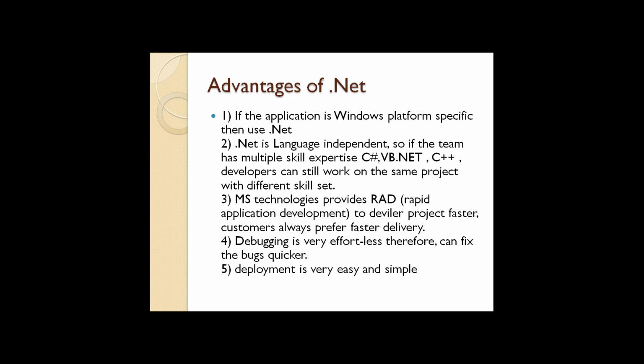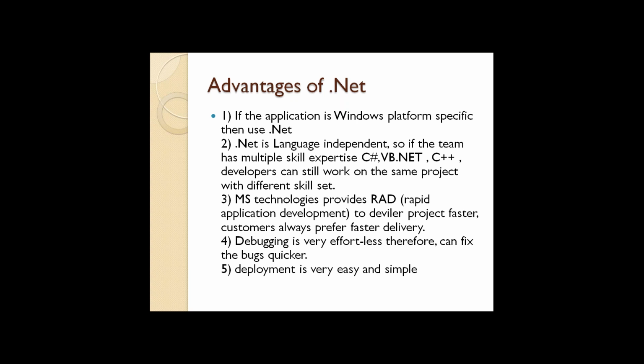So how will .NET understand? Because some programs are in C++, some programs are in VB.NET, some programs in C#. Every programming language has a different compiler. C# has a C# compiler, VB.NET has a VB.NET compiler, VC++ has a VC++ compiler. How will .NET understand? The CLR is responsible. In the CLR, we have so many components: CTS, Common Type System.